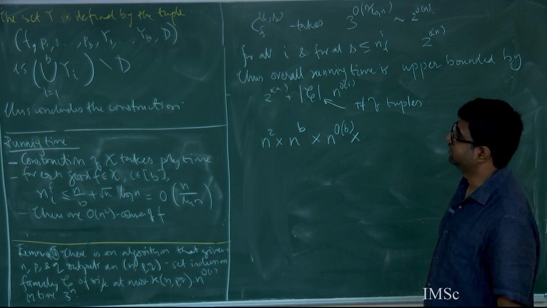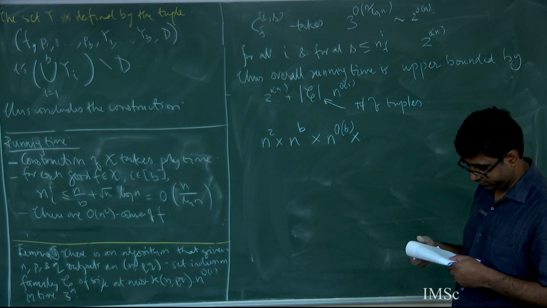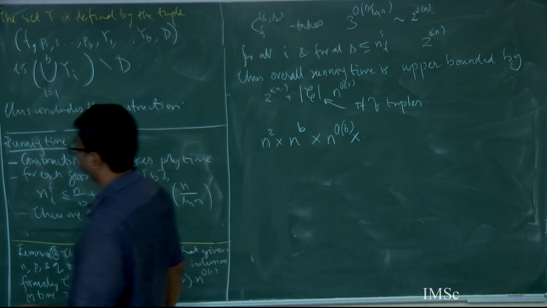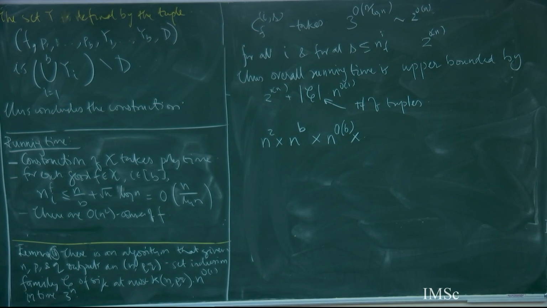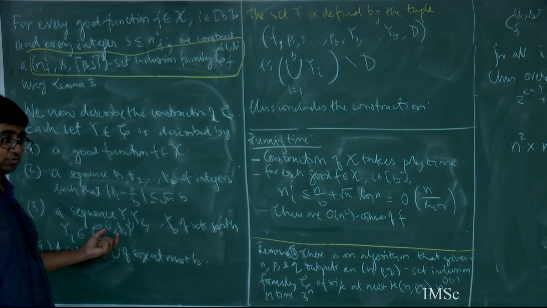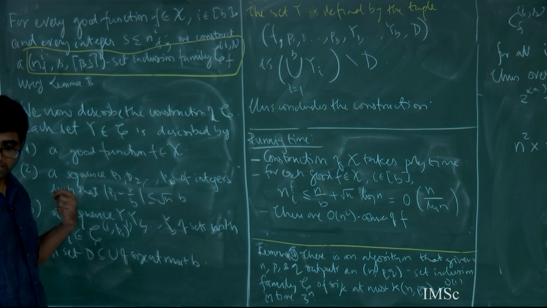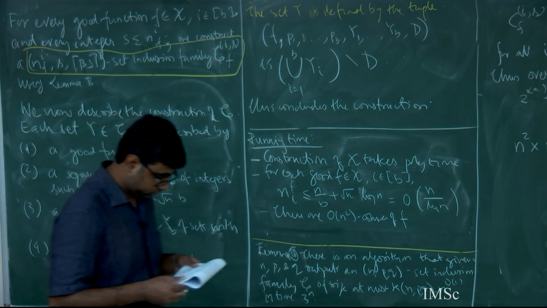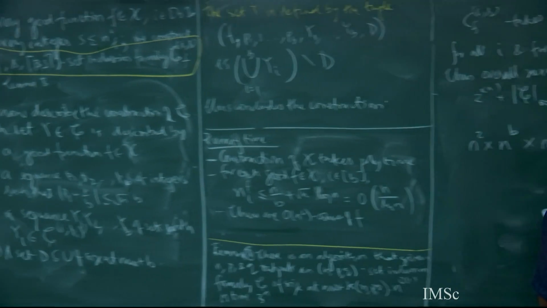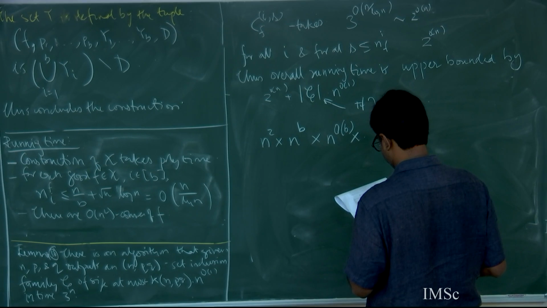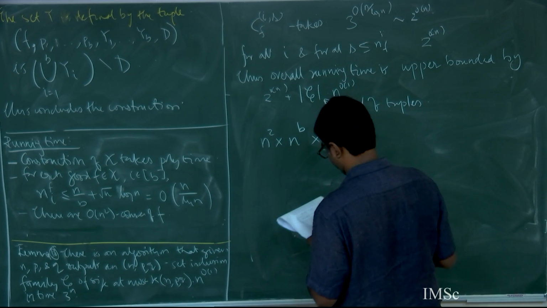So it all depends now on the cardinalities. For each sequence which satisfies this property, we are going to construct these, because we are only going to use these. For each particular choice of P1 to Pb, we are just going to use this thing. So what will it be?